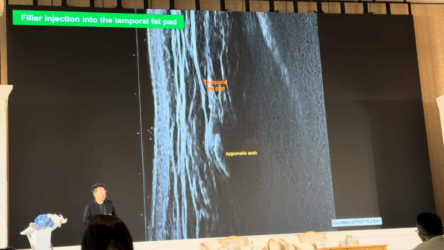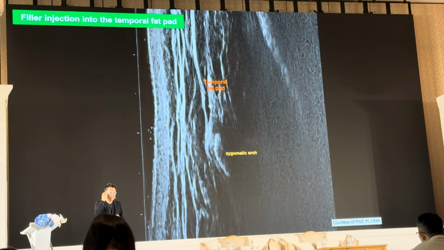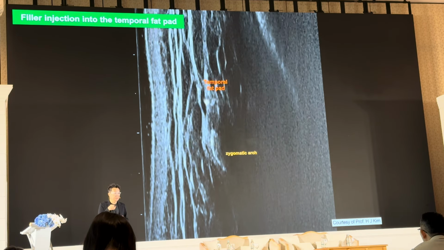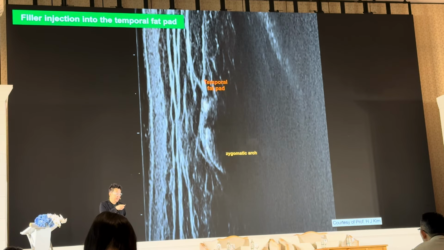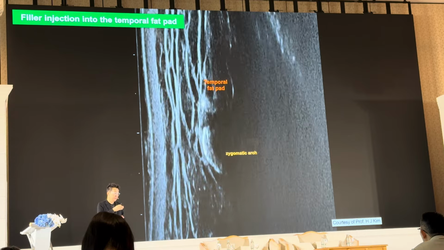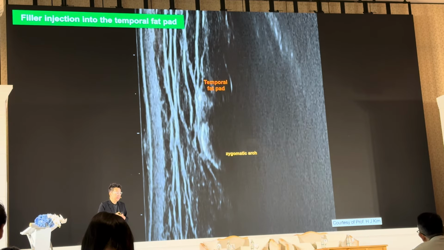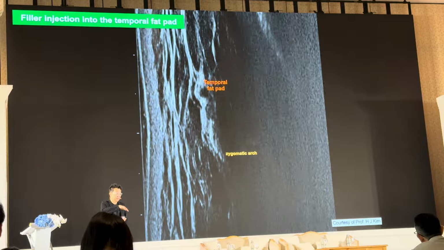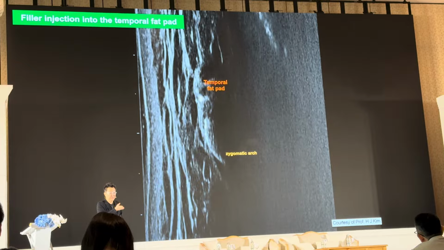So this is one of our trials. We are trying to inject a high G-prime filler product into the lower temporal region above the zygomatic arch, into the temporal fat pad area. Remember, the temporal fat pad is a very safe area, without any vessels or nerve branches. Targeting this layer, as you can see, with my cannula on the cadaver specimen, you can see the blue dye migration during the injection, and naturally you can see the tenting effect of the deep temporal fascia.